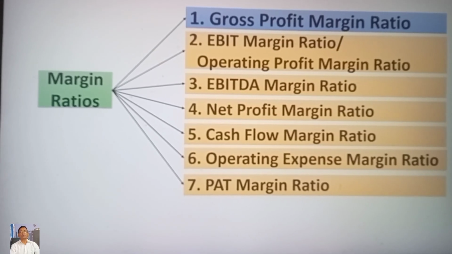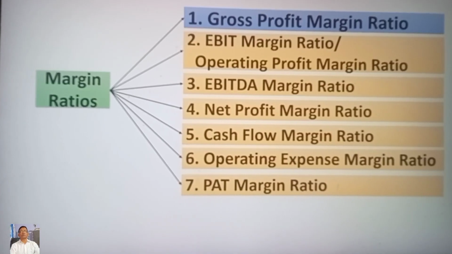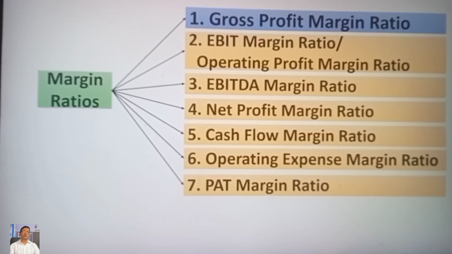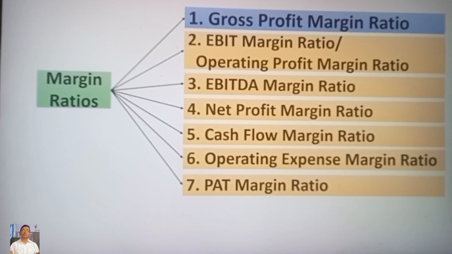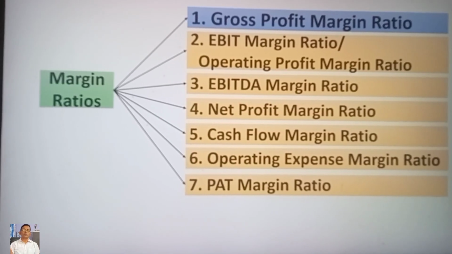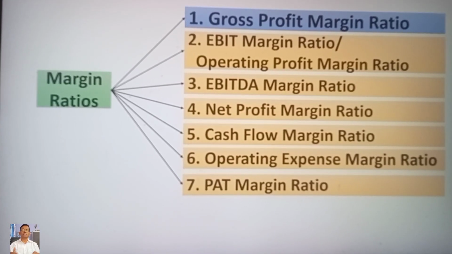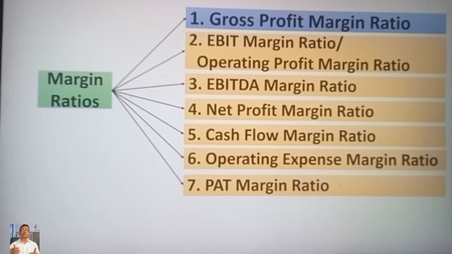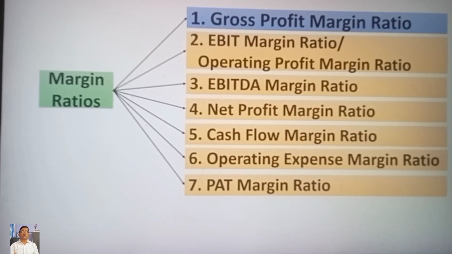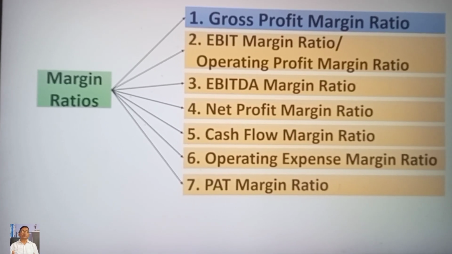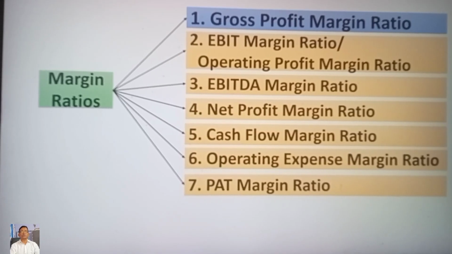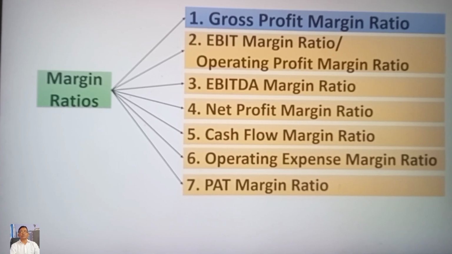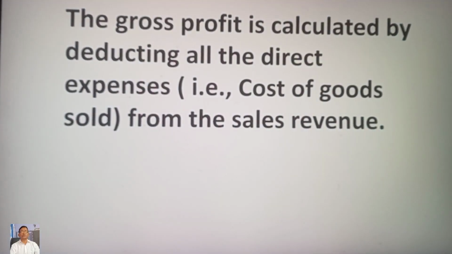Margin ratios are: first, gross profit margin ratio; second, EBIT margin ratio or operating profit margin ratio; third, EBITDA margin ratio; fourth, net profit margin ratio; fifth, cash flow margin ratio; sixth, operating expense margin ratio; and seventh, PAT margin ratio. Now, gross profit margin ratio.